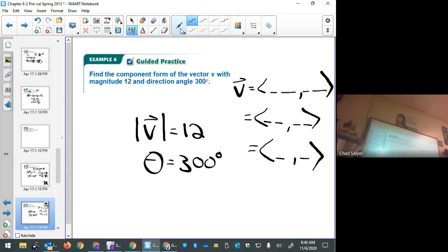It's symmetric, but you're in Q4. So in Q4, you got positive x, so it's going to have the same x value, but the y value will be negative. So the same absolute value on the y. So change the sign.